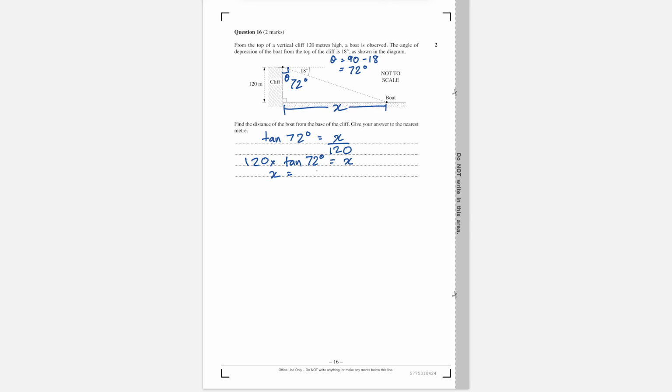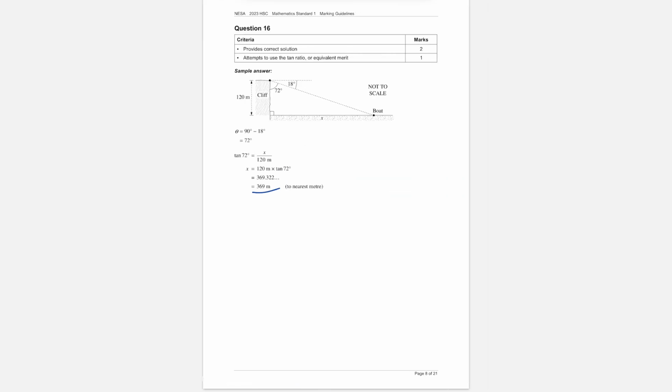So just plugging that into our calculator, we get 120 times tan 72 equals 369.322. And it wants the answer to the nearest meter. So that is going to be 369 meters. And that's our answer.